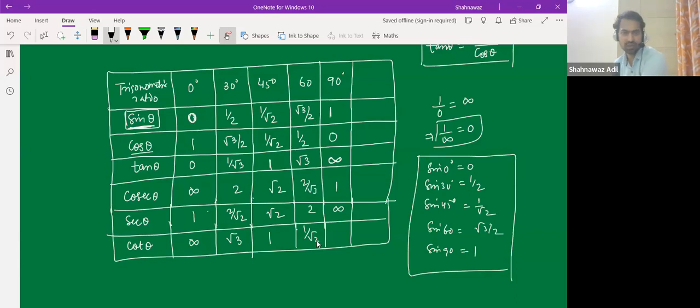Is this clear to you guys? Yeah, so please note it down, and then we'll start the next step, then we'll start the questions. Please note down this part, and this is also in the books.